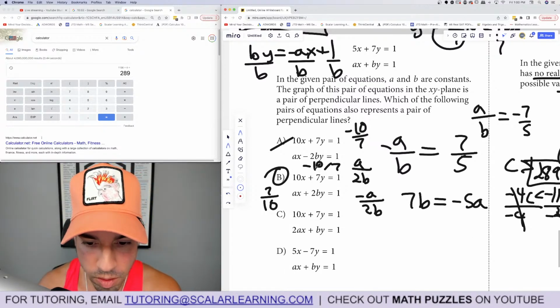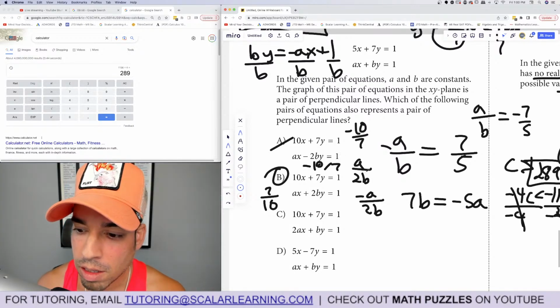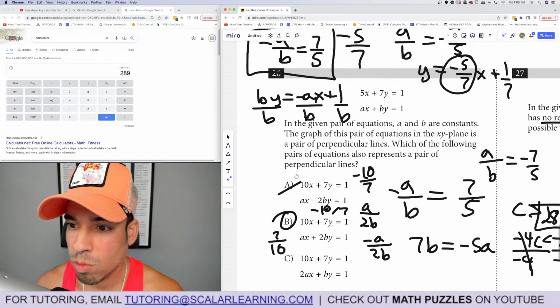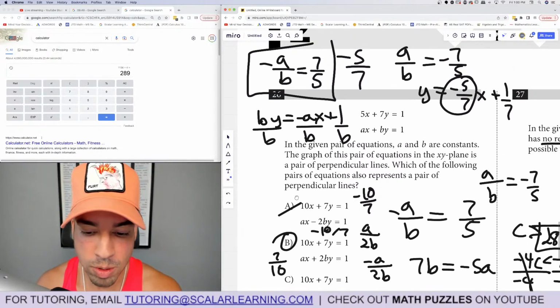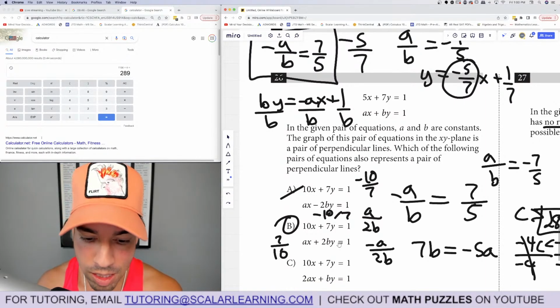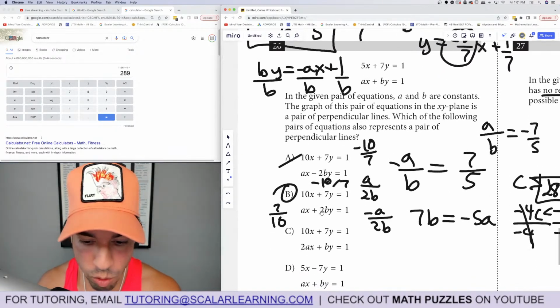So here again, we had the slope of A over 2B. Since A over B was negative 7/5, it'd be negative 7/10, but this is a negative slope anyway, so that's out. This one is positive 7/10, and we need a slope of negative 10/7. That works.